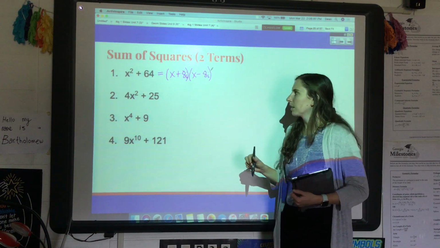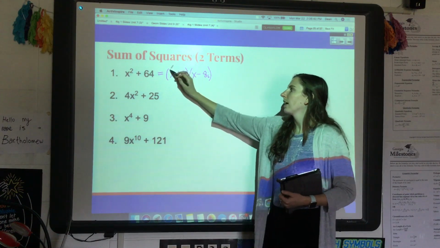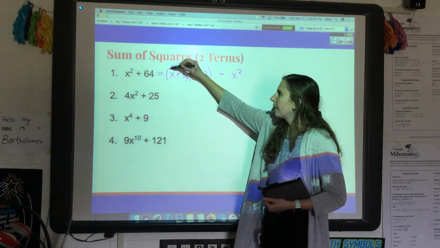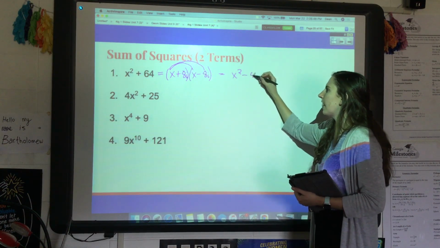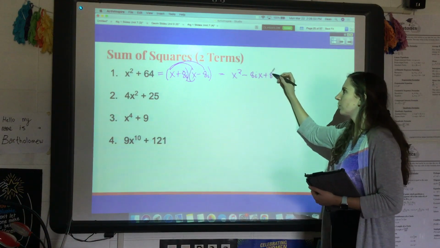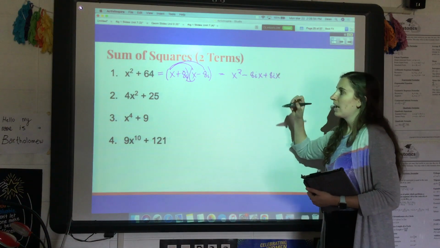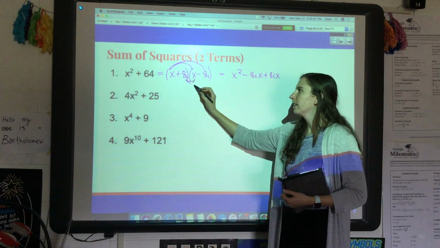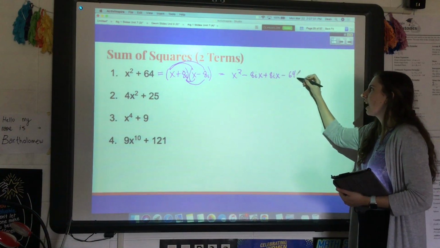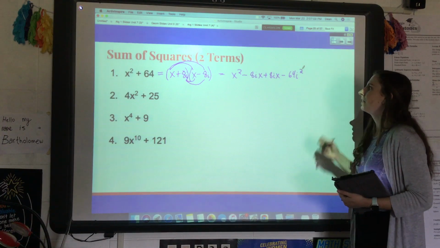Let me show you why this works. So x times x is x squared. Then I get -8i times x and positive 8i times x, so the middle still cancels out. And then I do 8i times negative 8i, which is negative 64i squared.